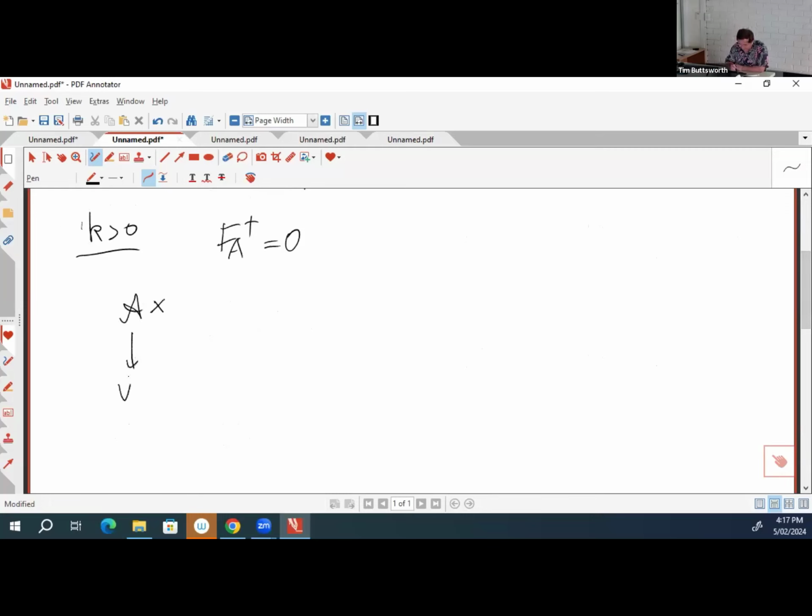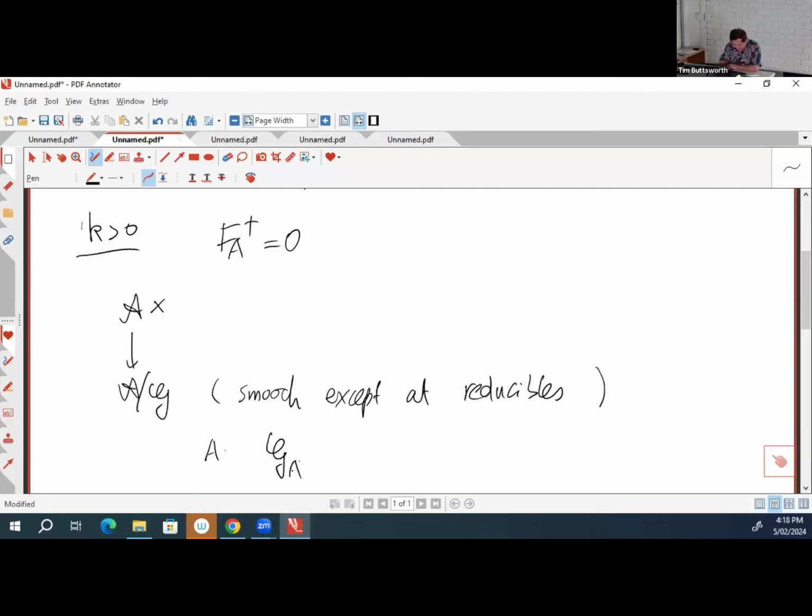We have a quotient that I gave you, and this is smooth except at reducibles, where the stabilizer is reducible. So let's take SU(2): suppose we take a connection A, and then we have its stabilizer.